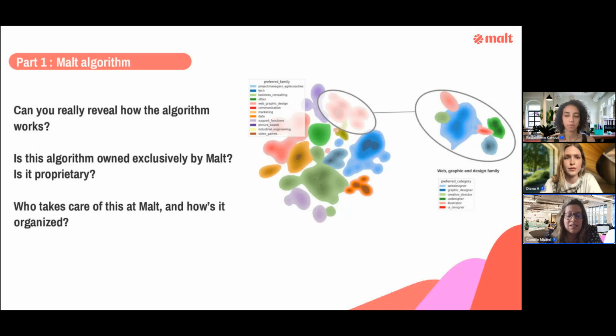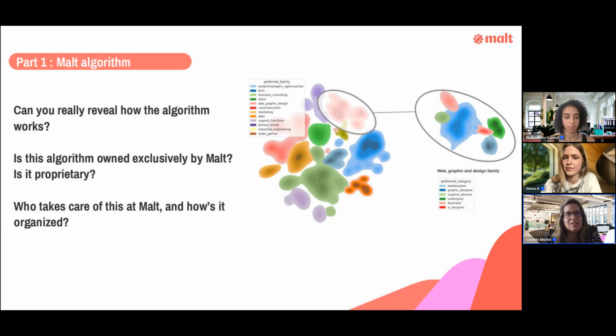And because the model keeps evolving with user behavior, there isn't one single recipe we can fully share. But what is important to know is that the algorithm is built to work as a human would.